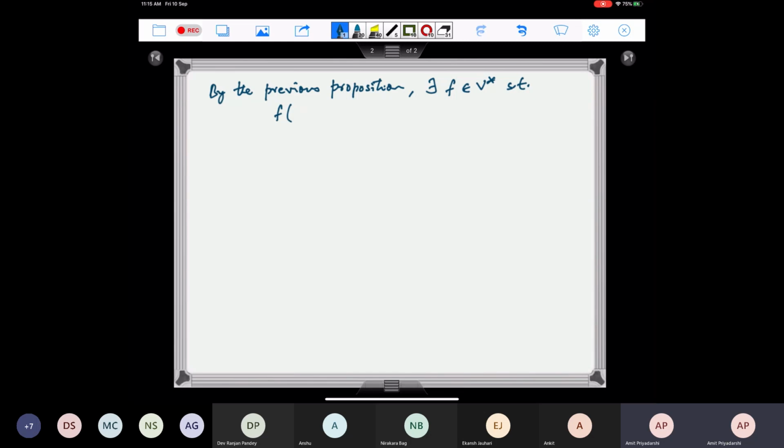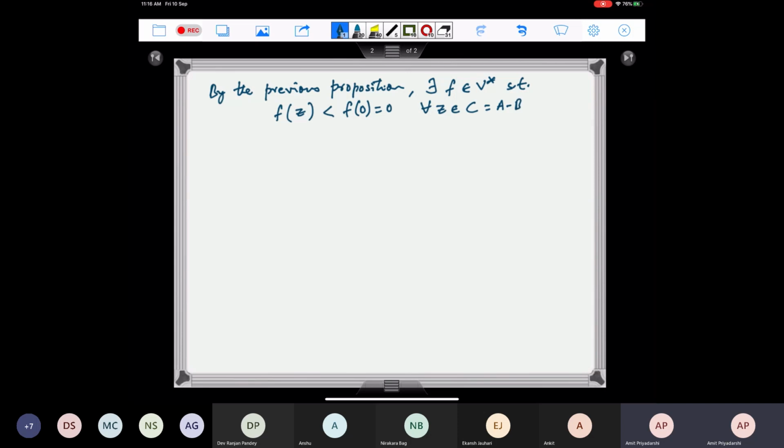But what is f of x naught? Here x naught is 0, so f of x naught is f of 0, which is 0. So this means that there exists f such that f of z is less than f of 0, which is 0, for all z in C.